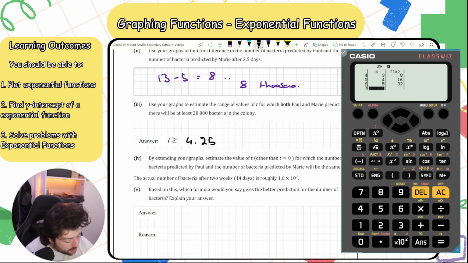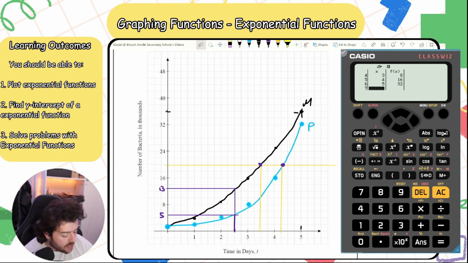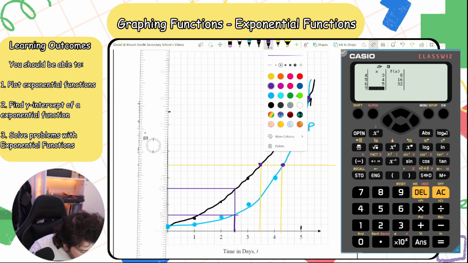Right, by extending your graphs, estimate the value of t other than t is equal to 0, for which the number of bacteria predicted by Paul and the number of bacteria predicted by Marie will be the same. So we want to extend our graphs now, and we want to see when both of our graphs will intersect. So if we extend them a little bit here, I'm going to extend Marie's, and then I'm going to extend Paul's, so Paul's gets quicker like this. It will roughly be at this point here, and if we go down and read it, let me change the pencil colour to green.